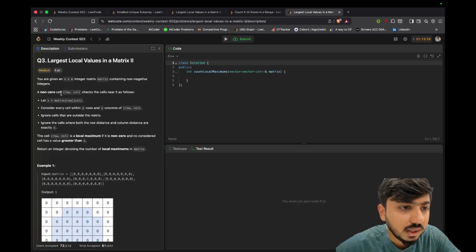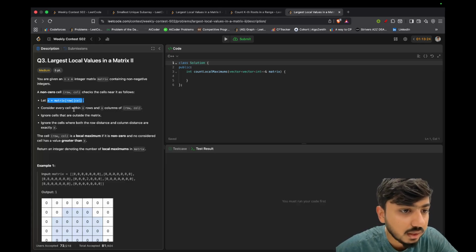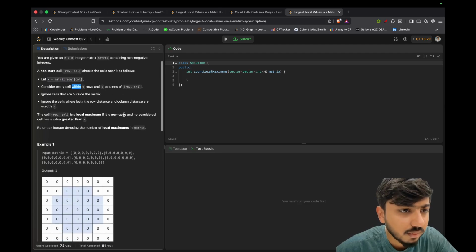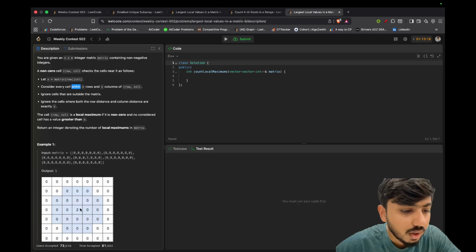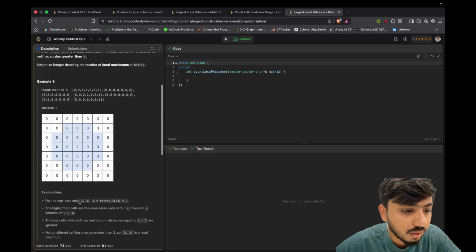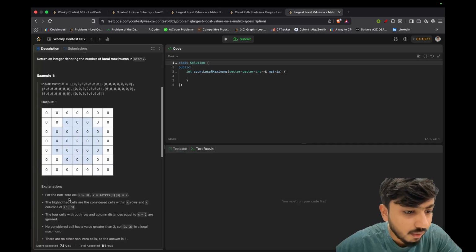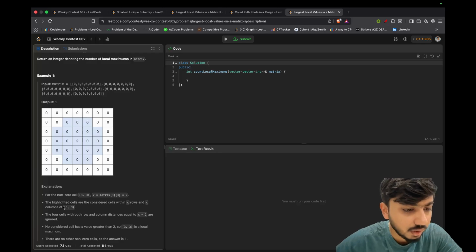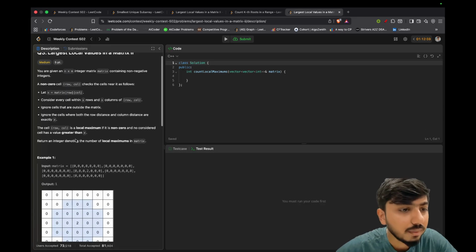Check the cells near it as follows. Let x be equal to this. Consider every cell within the x row and x column of this. For cell 3, 3, x equals... The highlighted cells are considered cells within x row and x column of 3 comma 3. How? Wait a minute.